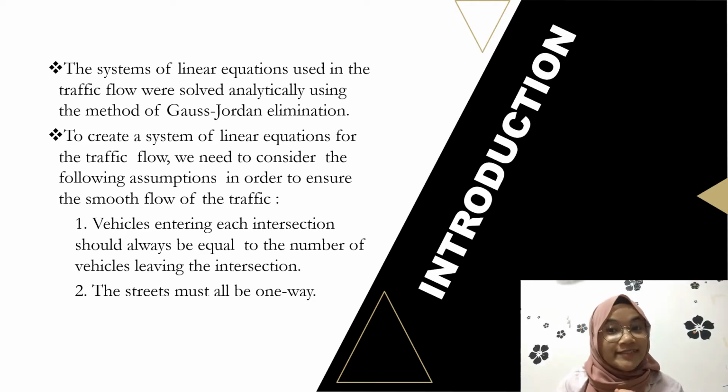To apply the system of linear equations in traffic flow, first, we need to create a system of linear equations by following two assumptions in order to ensure the smooth flow of the traffic. The first assumption is vehicles entering each intersection should always be equal to the number of vehicles leaving the intersection. The second assumption is the streets must all be one-way.